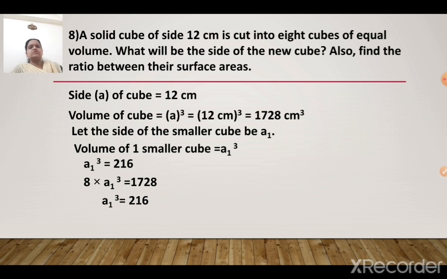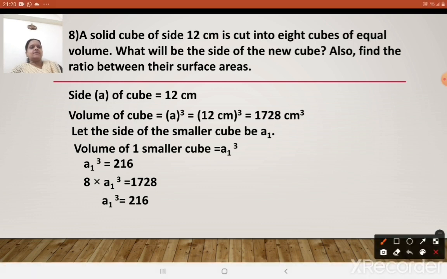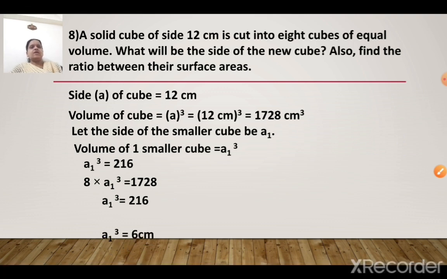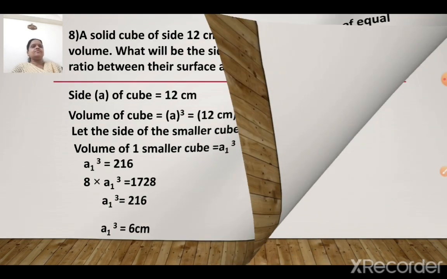How did you get this 216? That is 1728 divided by 8. If you bring the 8 to this side and divide, you will get the answer 216. Therefore A1 cube equals 216. So A1 will be 6, because the cube root of 216 is 6 centimeter.